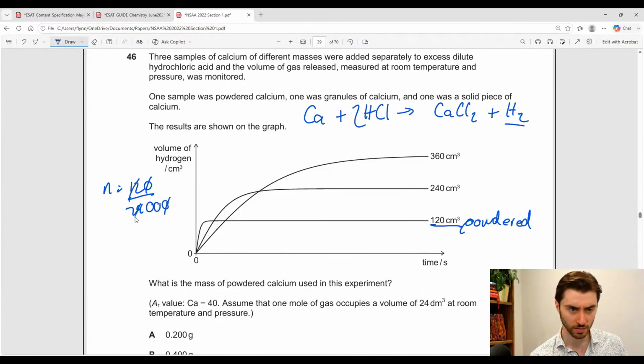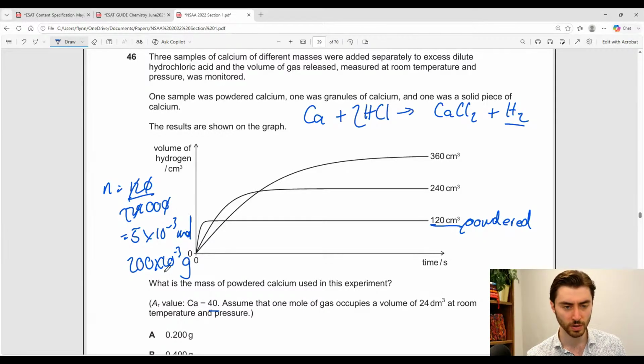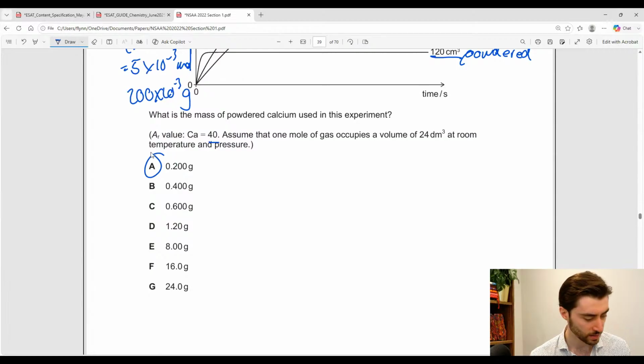Cancels for 2. 1 over 200 is 5 over 1,000. That's the number of moles of hydrogen. So that's the number of moles of calcium. Multiply that by 40. You get 200 times 10 to the minus 3 grams. 0.2 grams is A.